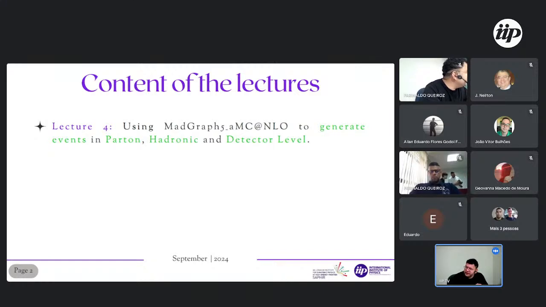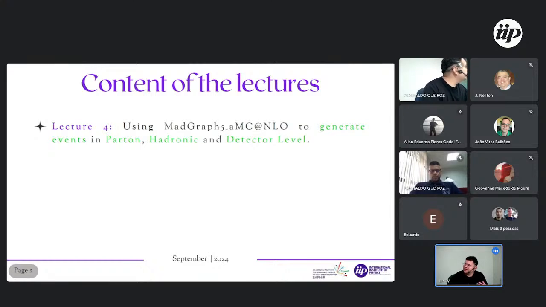Parton means that we only have quarks and gluons, but we know that quarks and gluons are not free particles, so we need another complementary package that we can install using MadGraph, that is Pythia. Pythia uses those partons and produces a physical effect that is the hadronization.